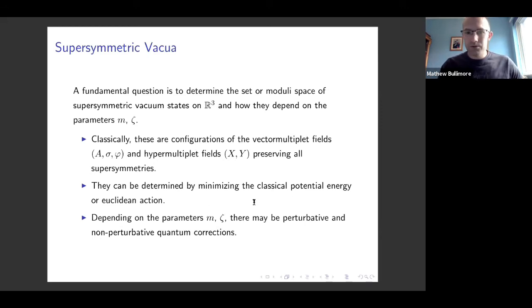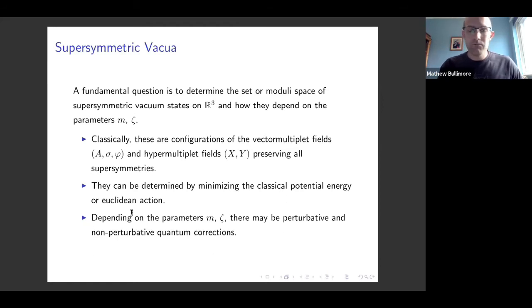Okay, so here's an important point that I'm not going to talk about at all today, that you should bear in mind, which is that I'm going to talk about the vacua classically. So I'm basically going to think about them as configurations that minimize the classical potential energy of the system. Now, in general, there might be quantum corrections to that. In particular, there can be perturbative one loop and also non-perturbative corrections.